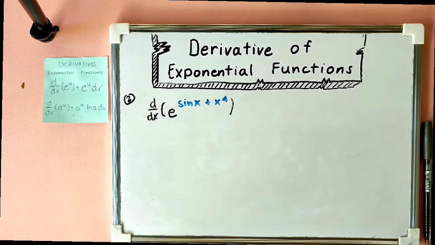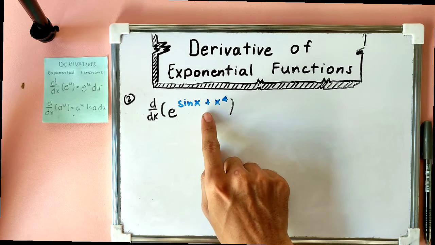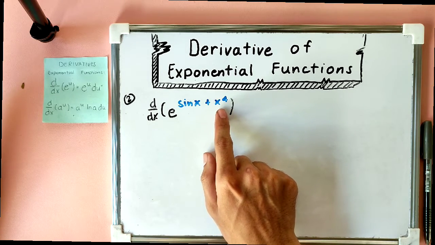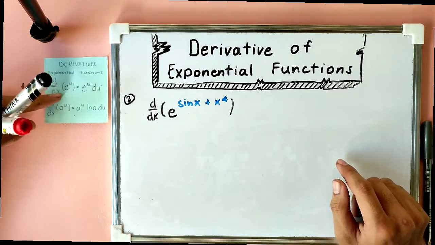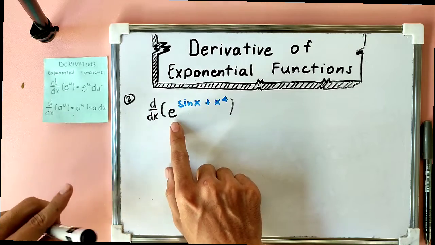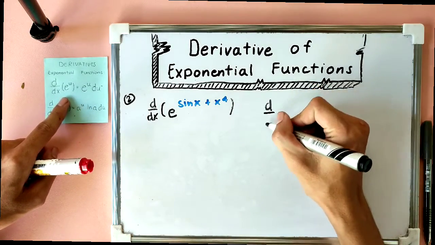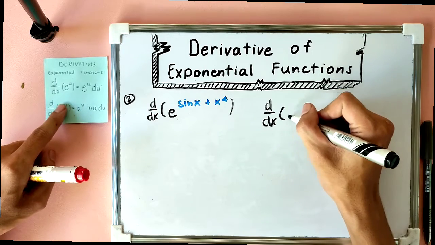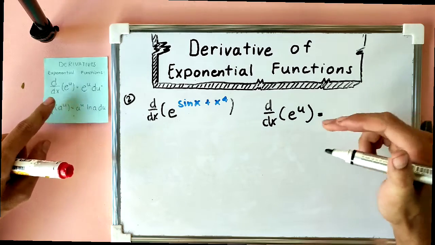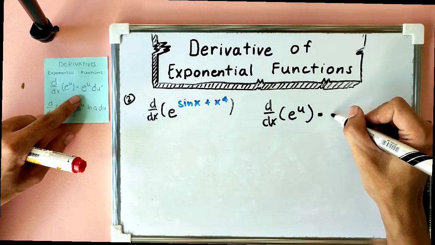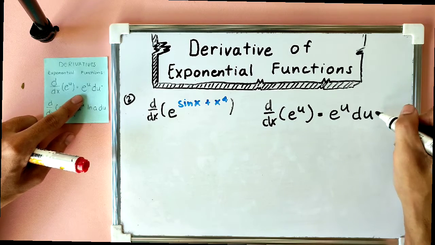So for problem number 2, kukunin natin yung derivative of e raised to sin x plus x to the power of 4. Then ang formula again, as we recall, since na e yung nasa loob, ang gagamitin nating formula ay the derivative of e raised to u is equal to e raised to u times the derivative of u.